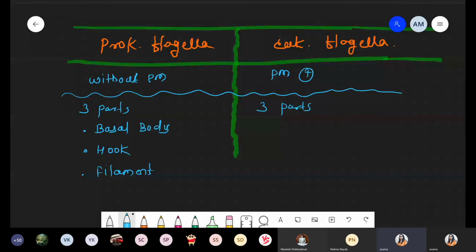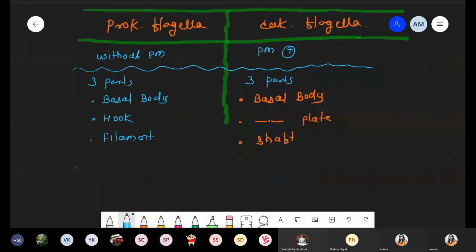First of all, there is the presence of the basal body, now the basal plate, and the third one is the presence of the shaft. Now the third point: we just discussed the requirement of energy in the form of ATP.